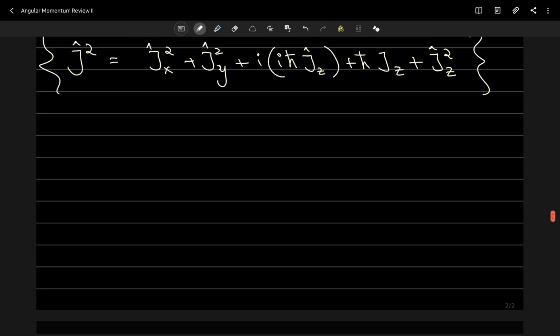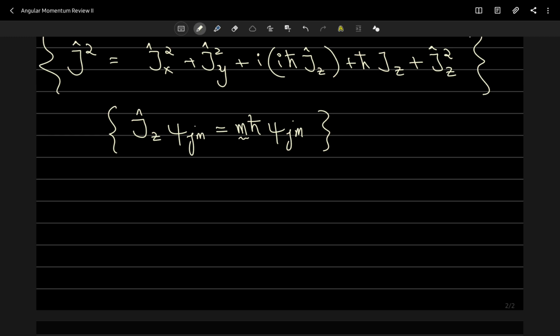Now suppose you have this equation, jz acting on psi jm gives you m h bar psi jm. What we wish to show is that this m is either an integer or an odd multiple of 1 by 2.